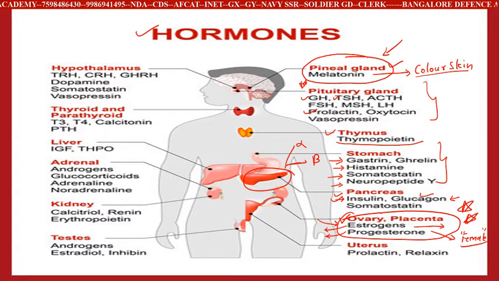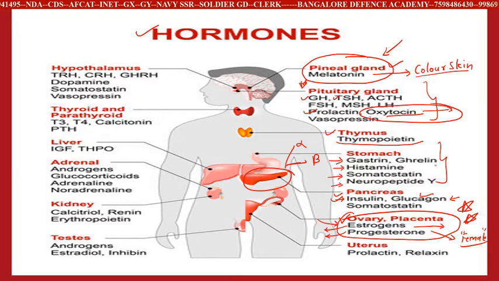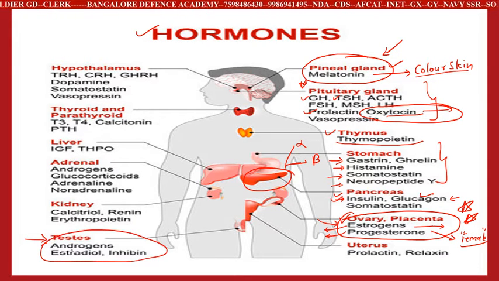Oxytocin is also a female hormone. Next, on the left hand side, testes secrete androgens and testosterone. These hormones are male hormones.